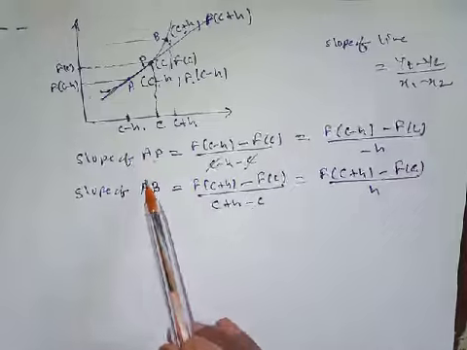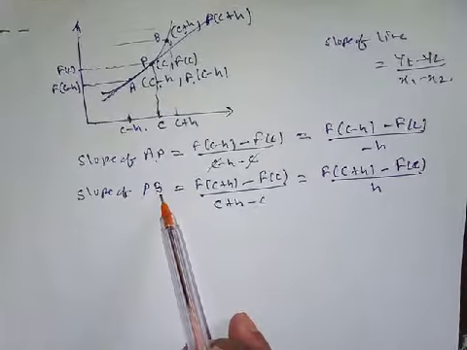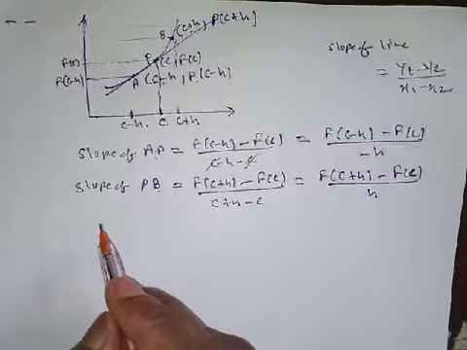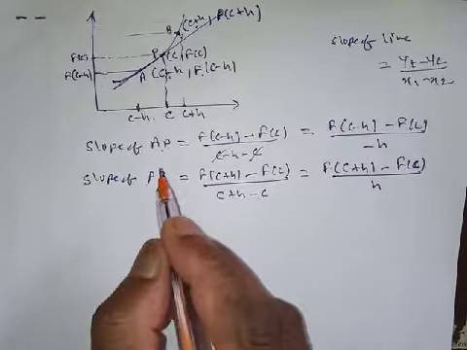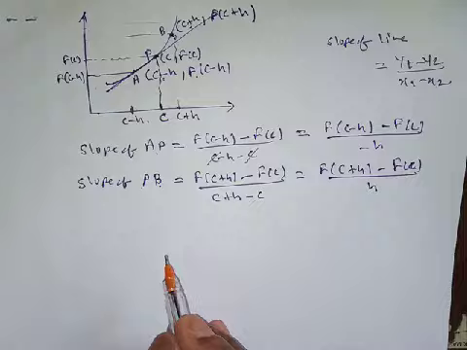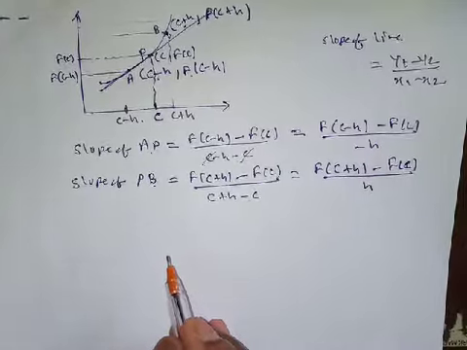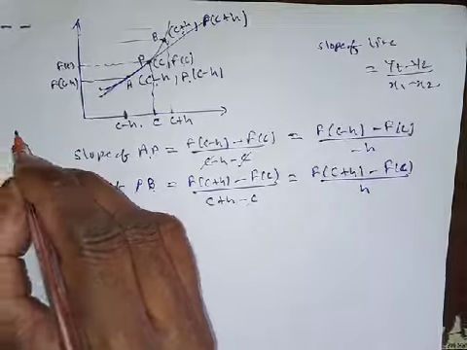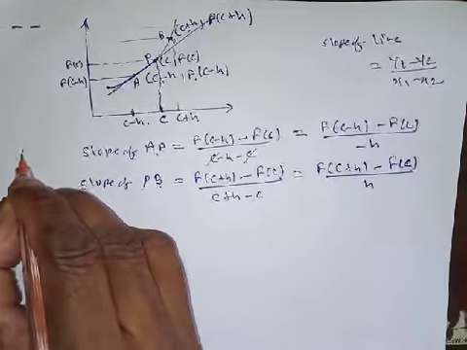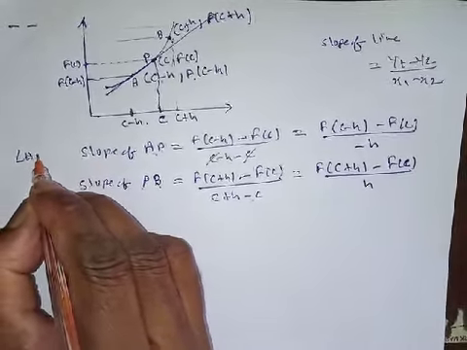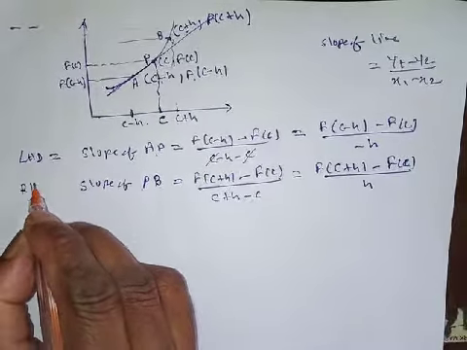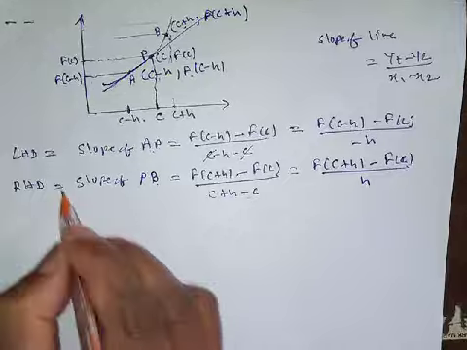Actually, what we found is the slope of AP and the slope of PB. This slope of AP is called LHD, left hand differentiability, and the slope of PB is RHD, right hand differentiability.